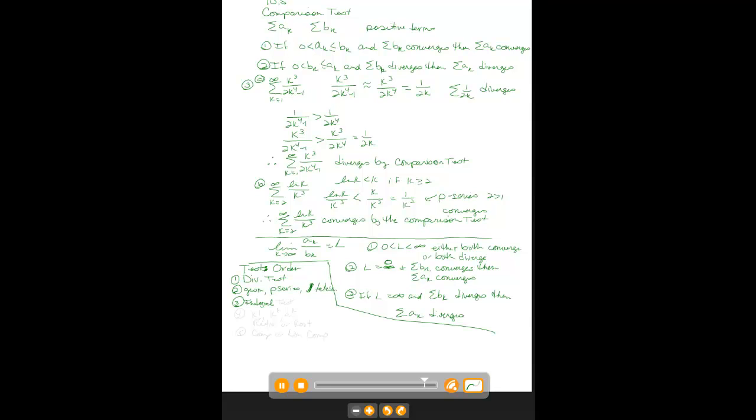Then, if it looks like it's something you can integrate, then you try the integral test. After that, if you see factorials, or k to the k, or a to the k, this is either going to be a ratio test or a root test.